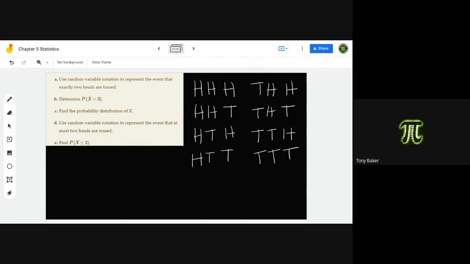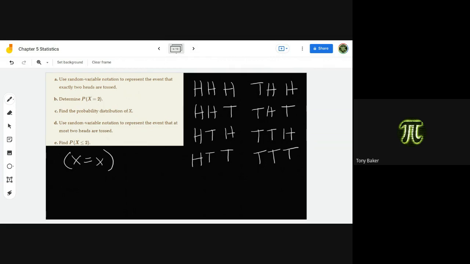All right. So that is all the different options there. We want to write, the first question says use random variable notation. Remember, that's the P with the parentheses x equals whatever happens with the little x. So random variable notation is x equals little x. So we wanted to show that exactly two heads are done.